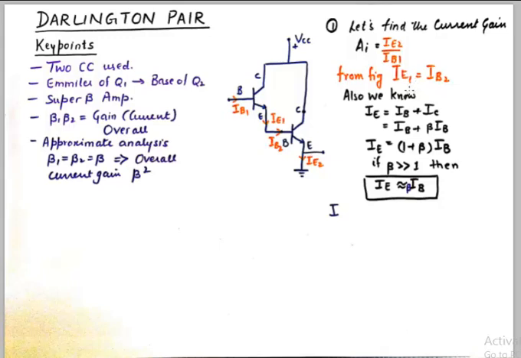From this figure we know that IE1 is equal to IB2. This current IE1 is directly being fed to the base of the second transistor, so IE1 will be equivalent to IB2, and IE is equivalent to IB plus IC.